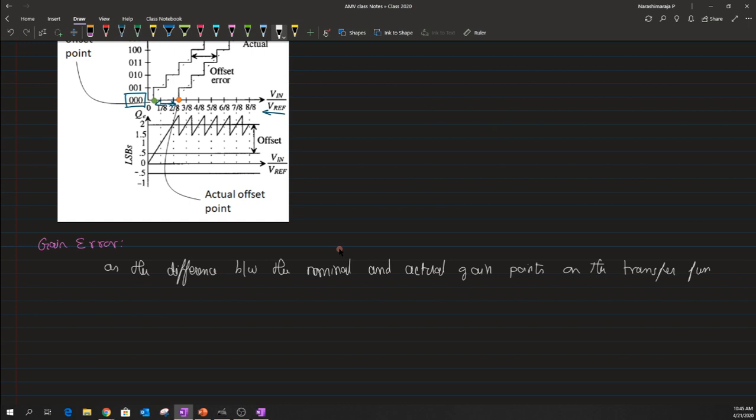And while reading the actual and the nominal gain points, one has to ensure that it is being read only after removing the offset error.